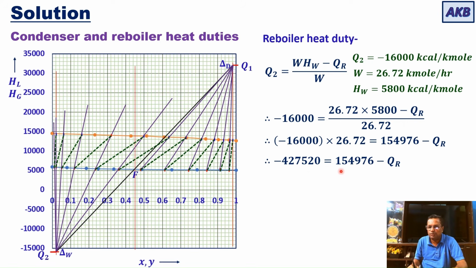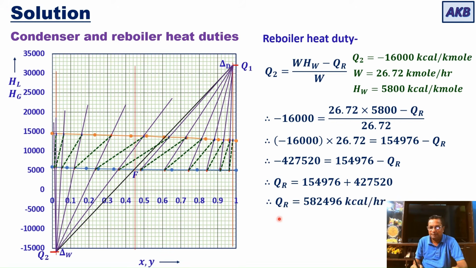So minus 427520 = 154976 minus QR, and then QR is equal to 154976; when 427520 comes to this side, it will be plus, which gives us QR as 582496 kilocalories per hour. And you can check for yourself, QC is almost equal to QR.